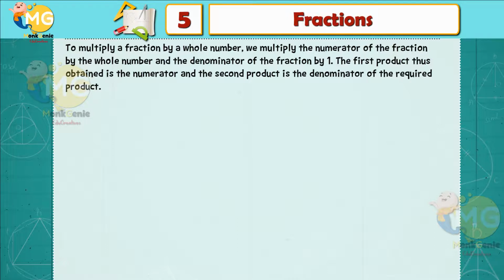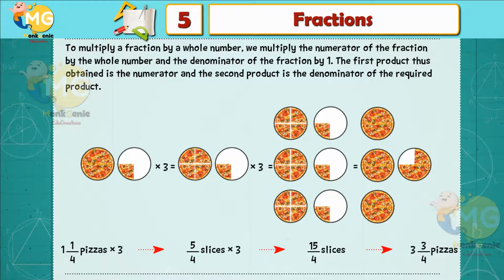The first product thus obtained is the numerator and the second product is the denominator of the required product. 2 × 3 = (2 × 3)/1 = 6. 1/4 pizza × 3, 5/4 slices × 3, 15/4 slices, 3/4 pizzas.